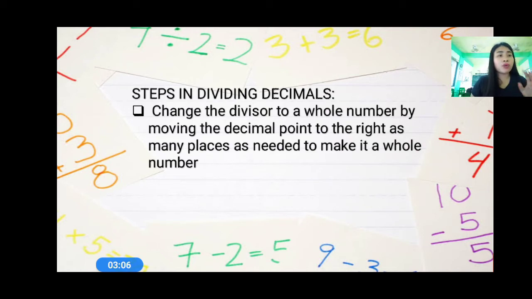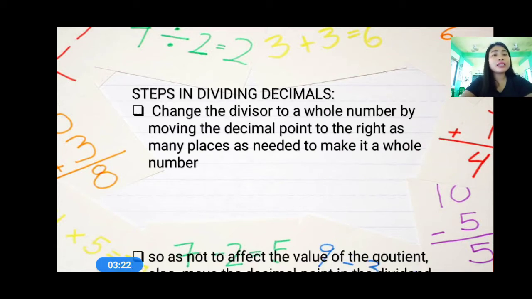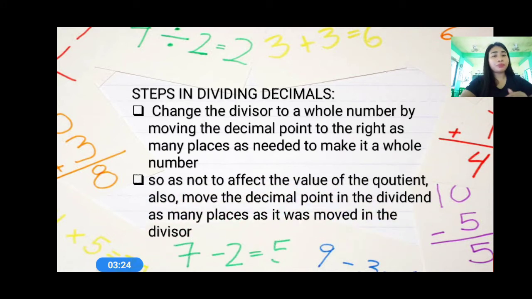So, are we going to move the decimal point left or right? Very good, right. Move the decimal point to the right as many places as needed to make it a whole number. And then, the next step is that, so as not to affect the value of the quotient, also move the decimal point in the dividend.